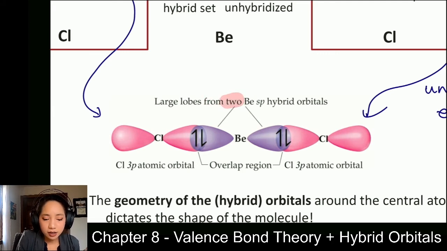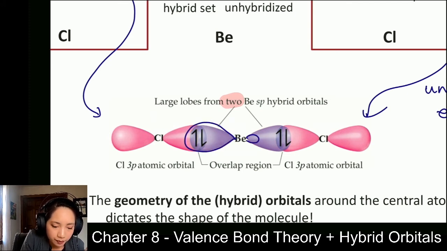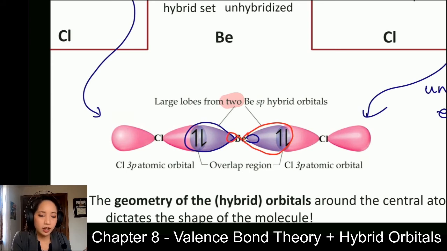See how textbooks will always just superimpose them on top of each other, but those are two different sp orbitals where one is right here, and then there's another one right here. Okay, so there's two different ones. And then an atomic p orbital from where that unpaired electron on chlorine resides. It's in a p atomic orbital.